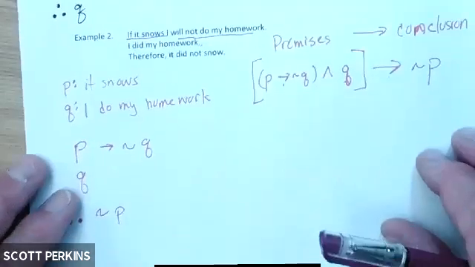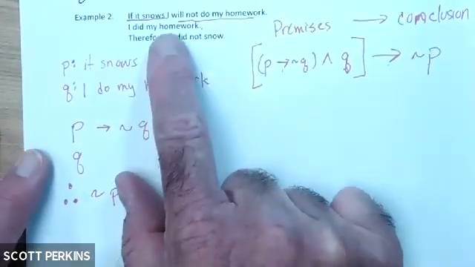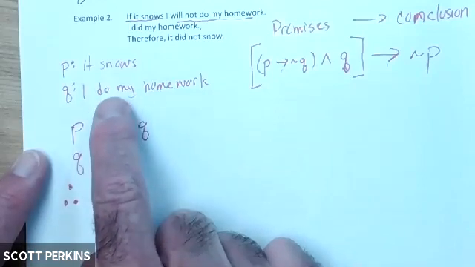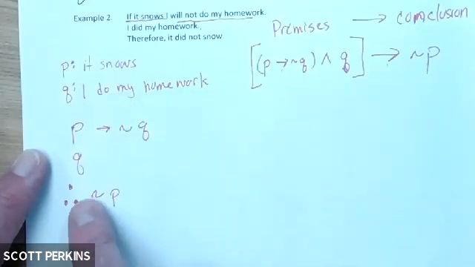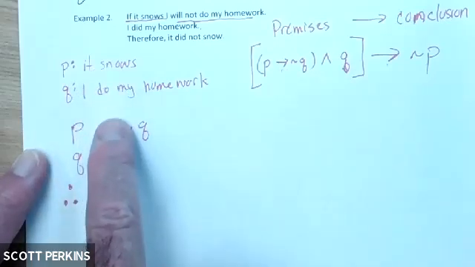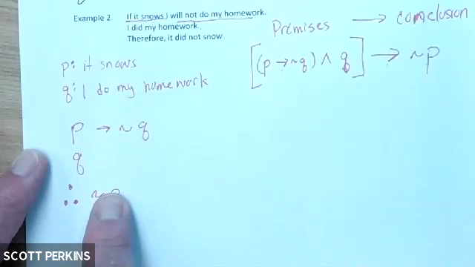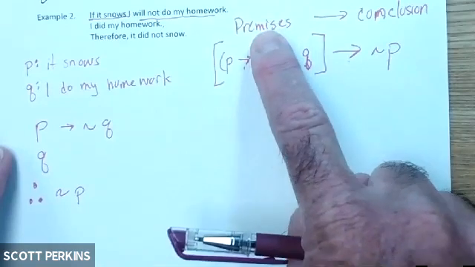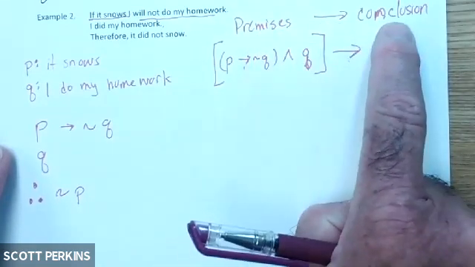So again, for example 2, we did the same thing. Here's the argument. We defined our 2 simple statements, and then here is the argument written symbolically right here. Again, this first step is not new information. That's section 1.1. The new information right here is forming the argument, where we take the premises and we ask, does that imply the conclusion?